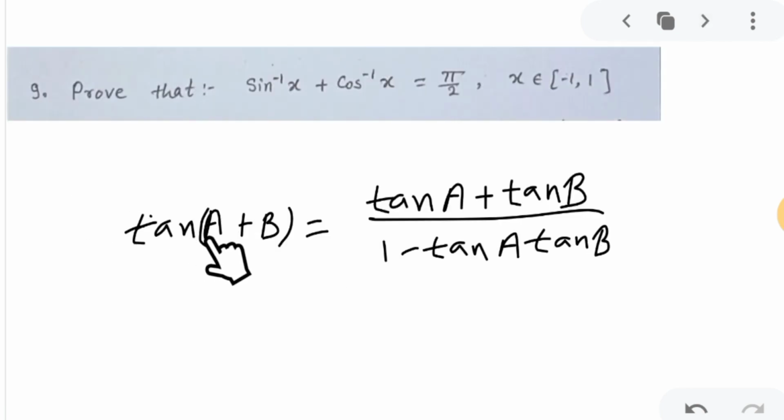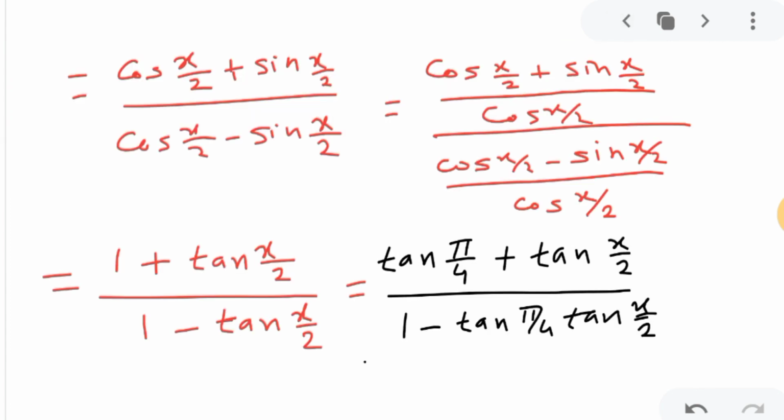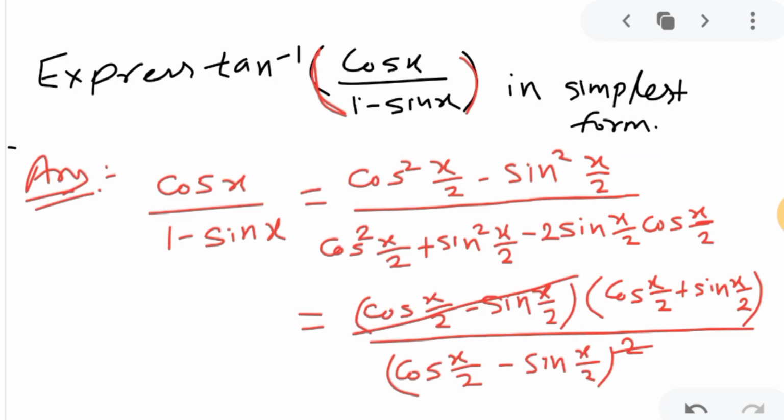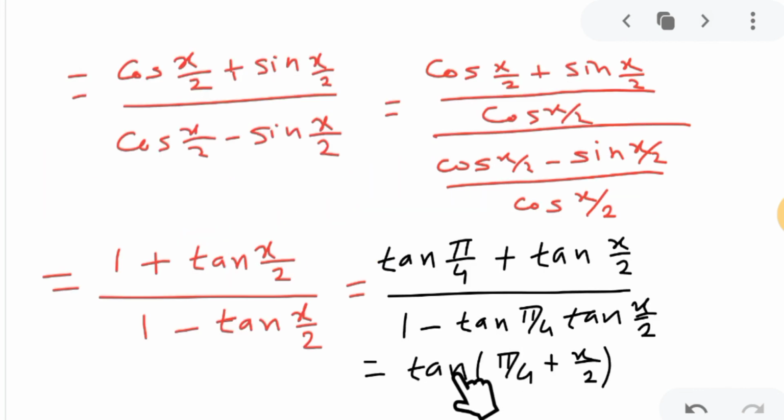So this will become tan A plus B, where A is pi upon 4 and B is x upon 2. So tan of pi upon 4 plus x upon 2. Now this whole term got converted into tan pi upon 4 plus x upon 2.